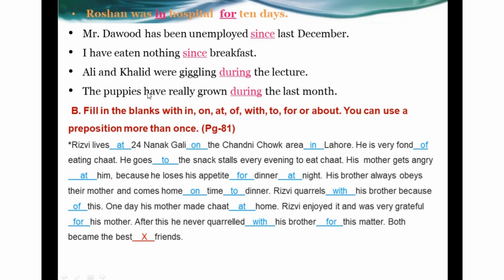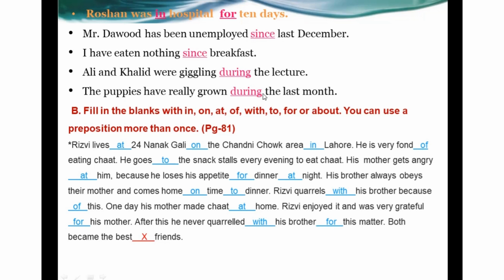The puppies have really grown during the last month. Here a specific period is mentioned. In that period they grew well. The correct preposition to use for that is during. Clear? Students, I hope the concept is very clear to you now.